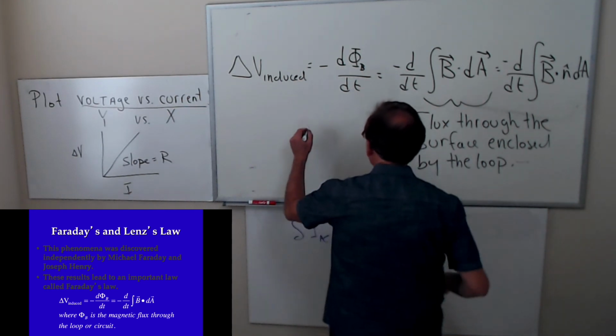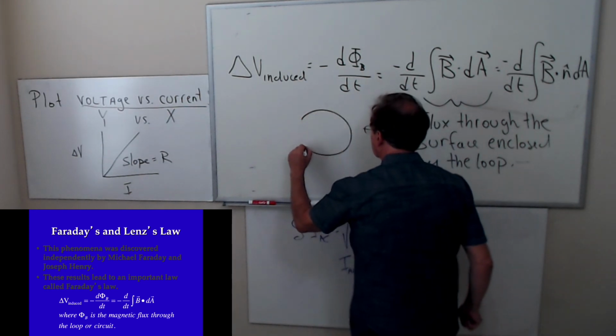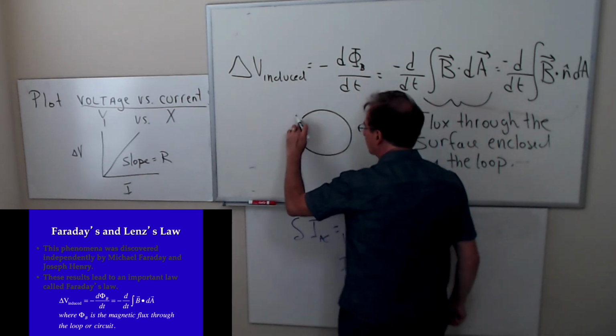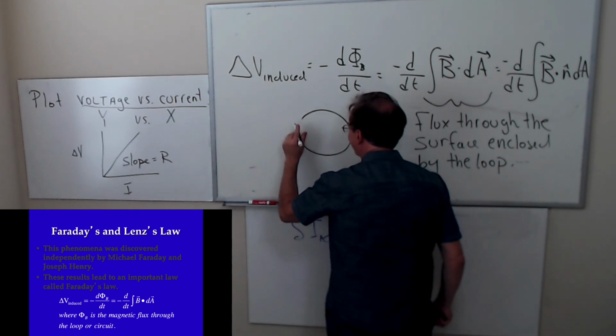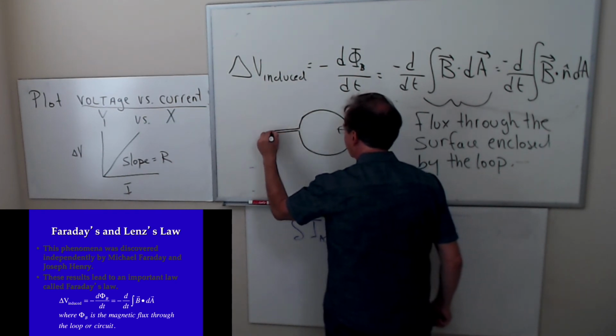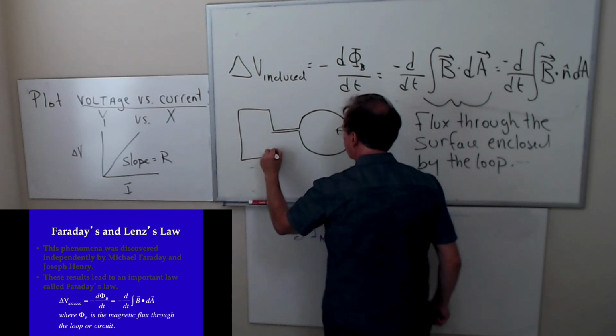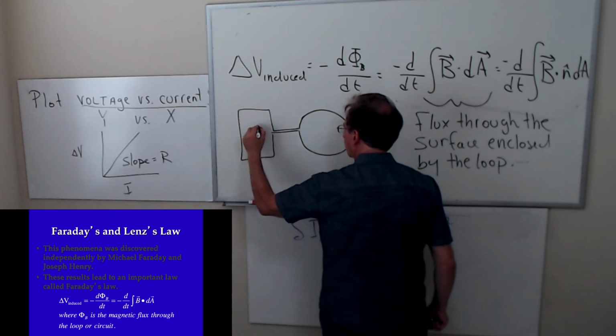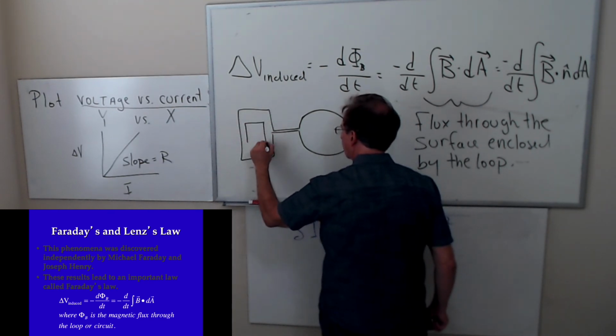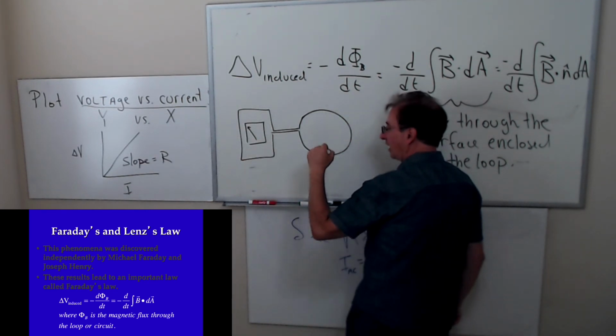So if I have a loop of wire, and I want to connect it to a galvanometer, I can. And I put a magnet into here.